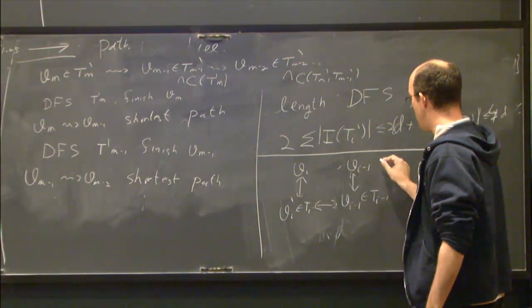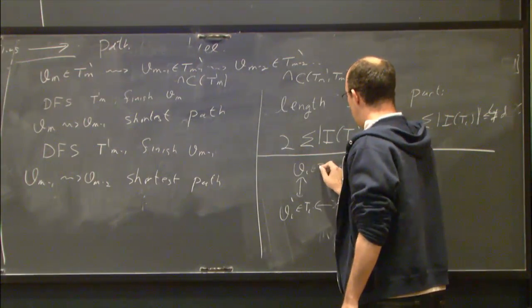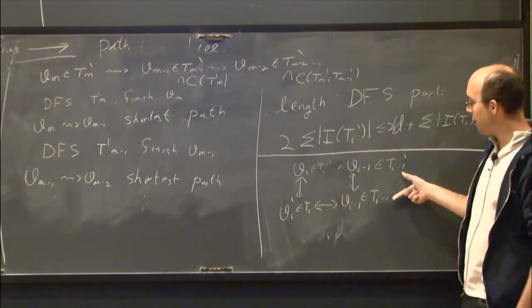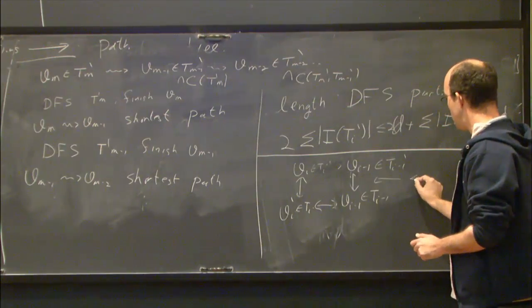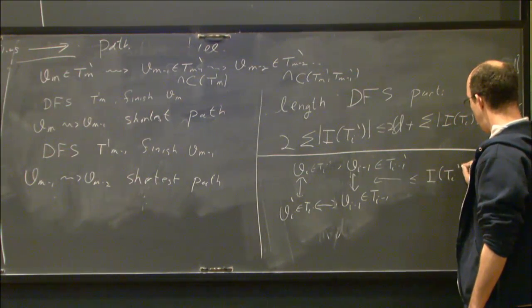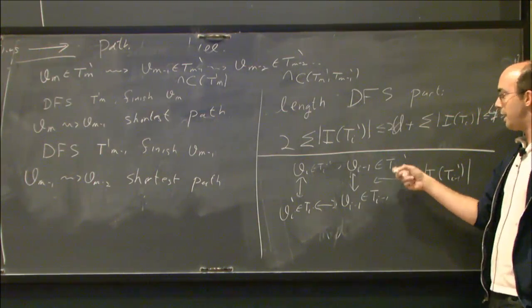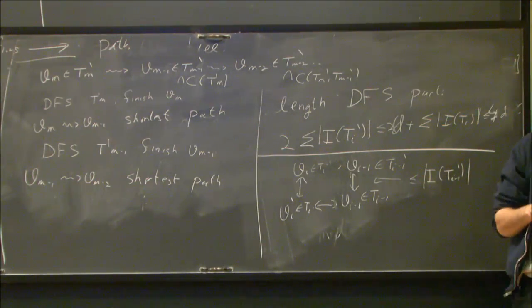So what do we do? We start from Vi minus 1, that's in Ti minus 1 prime, and this is in Ti prime. So we just care about the distances between them on the graph. What's the distance between these two things? Well, the Hamming distance is at most the number of I Ti prime. Why? Because Ti minus 1 is a subtree of Ti minus 1 prime, so we just need to use edges in this tree.